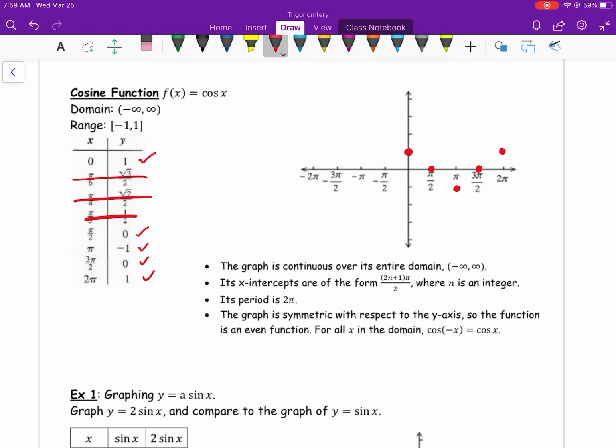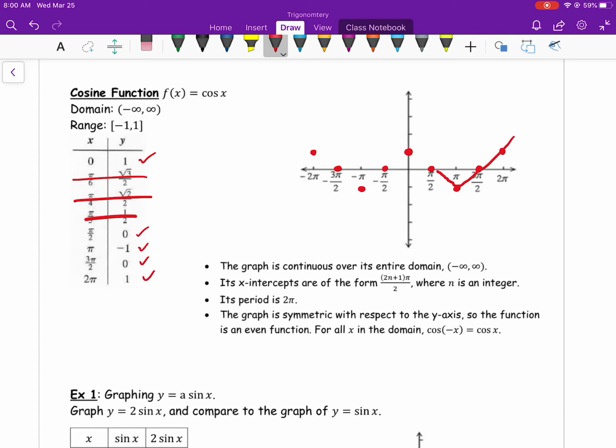If we want to reflect it to the left side of the y-axis, we come back down. Negative pi over 2 is 0, and then we come down to -1. Now we start coming back up.